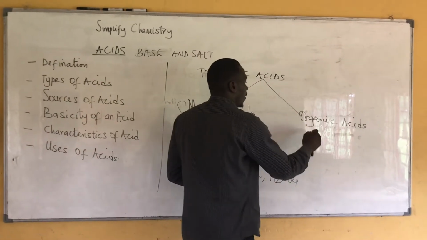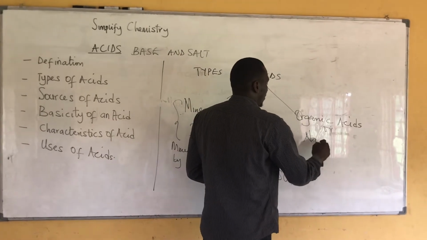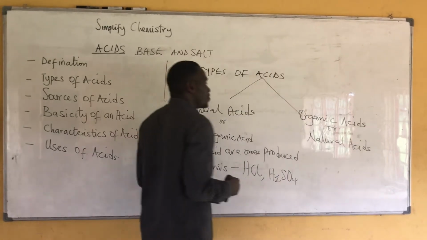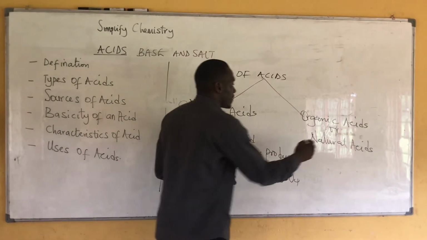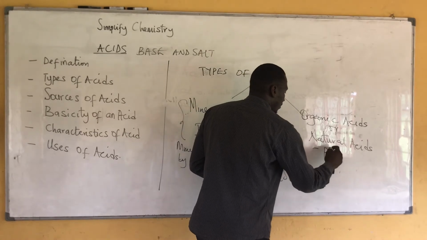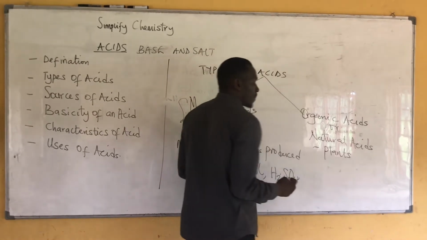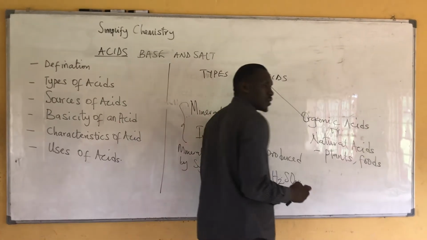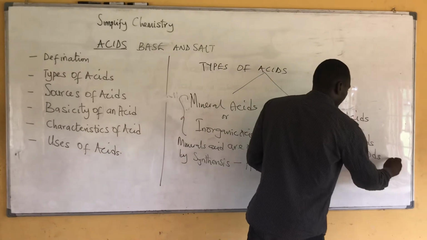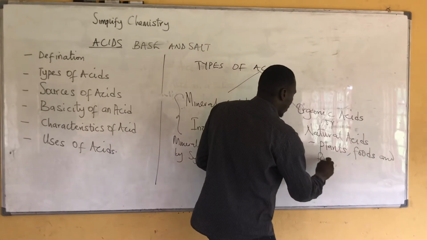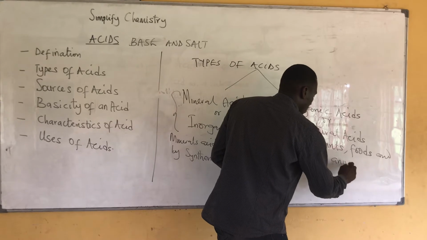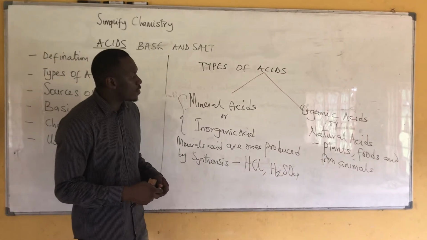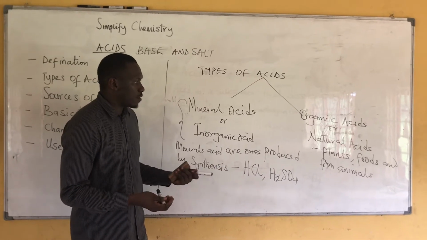Why the organic or the natural acids? We say natural acids because most of them are gotten from plants, your food, and from animals. Most of them are gotten from your animals.